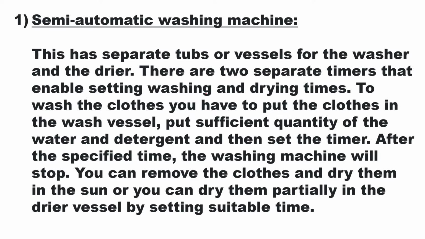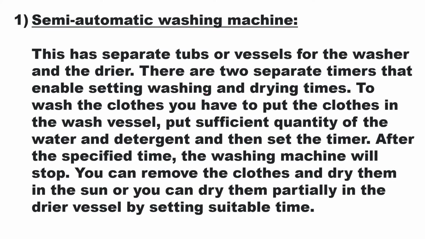To wash the clothes, you have to put the clothes in the wash vessel, put a sufficient quantity of water and detergent, and then set the timer. After the specified time, the washing machine will stop. You can remove the clothes and dry them in the sun, or you can dry them partially in the dryer vessel by setting the suitable time.